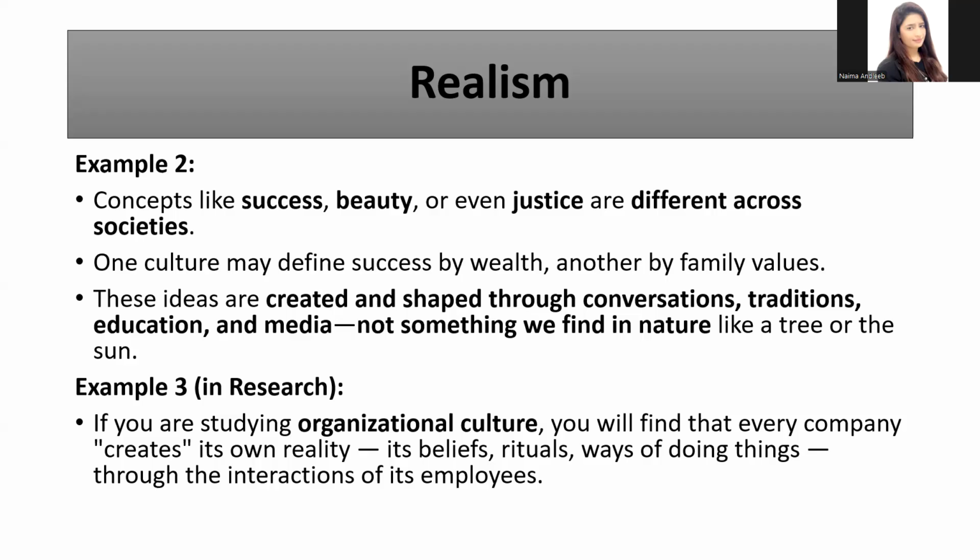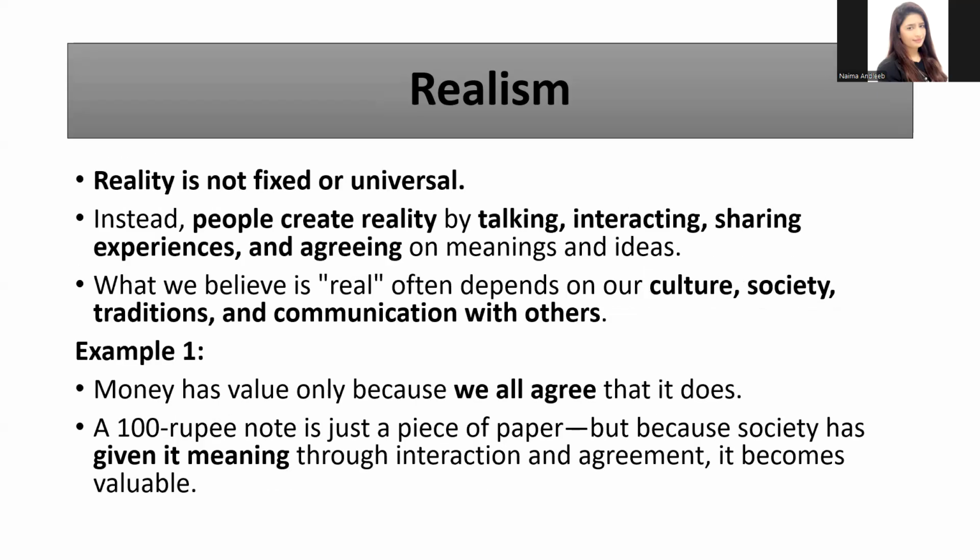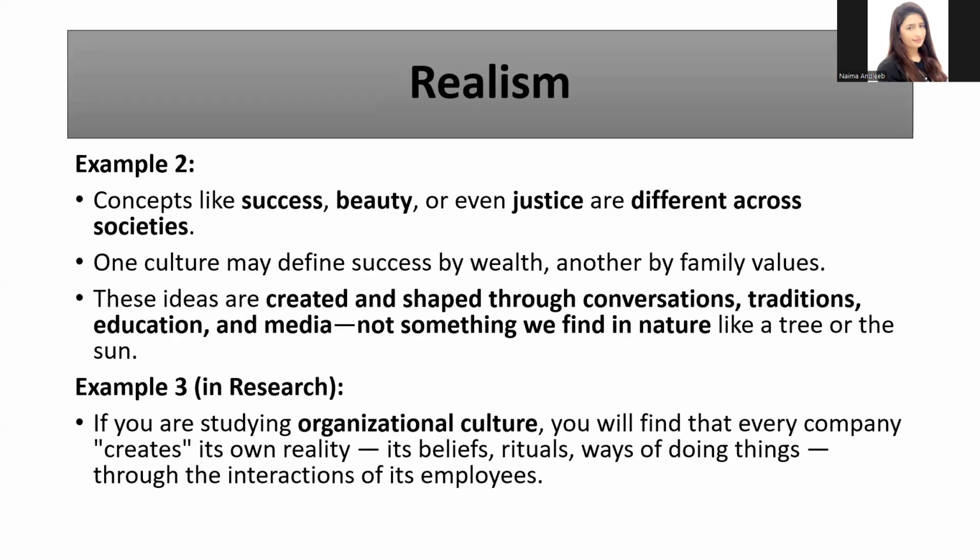Some find success in getting admission in their desired institution. So the standard of success varies person to person, individual to individual, mind to mind. You can see in our previous slide, reality is not fixed or universal. That means the reality of your standards is different.